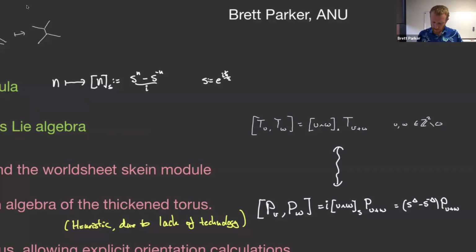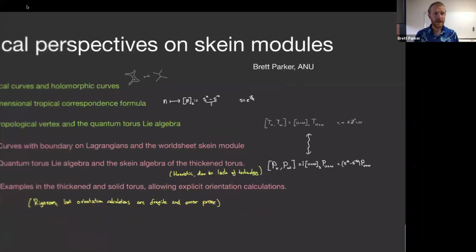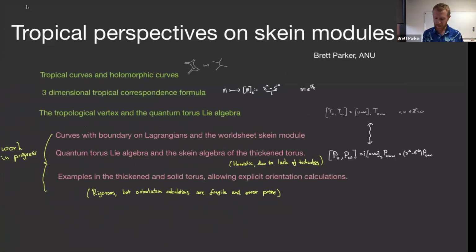And when you commute them, you take this quantum deformation of the determinant of those two vectors. And the point is to relate this to the Skein algebra, the HOMFLY Skein algebra of the thickened torus, where you see a very similar commutation relation, except it differs by this factor of i that's appearing here. Okay, and that's a large source of my staying up at night worrying about orientations.